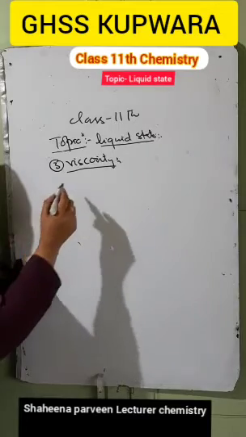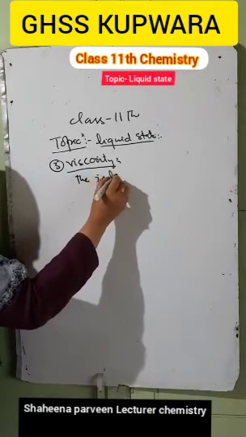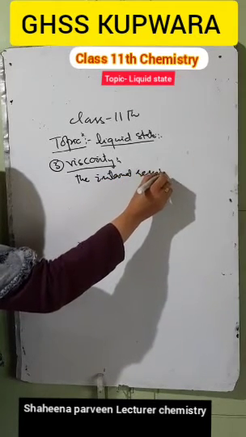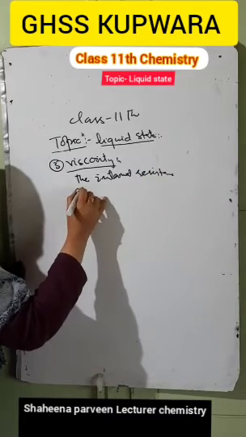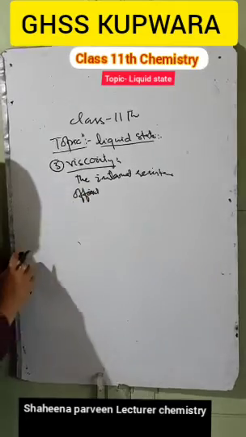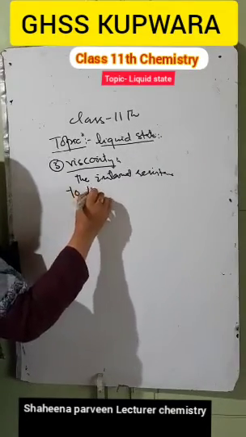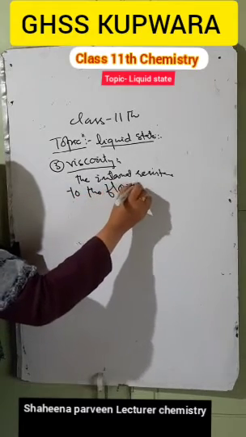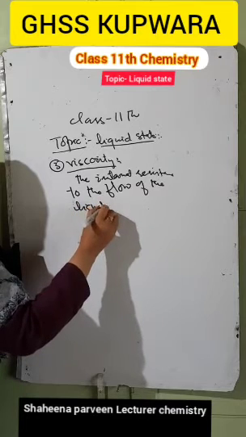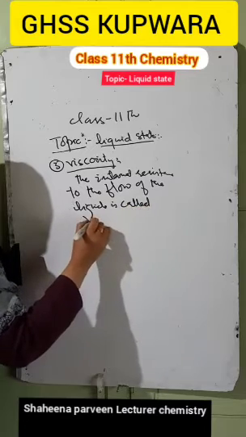The obstruction of the internal resistance offered to the flow of the liquid is called viscosity.